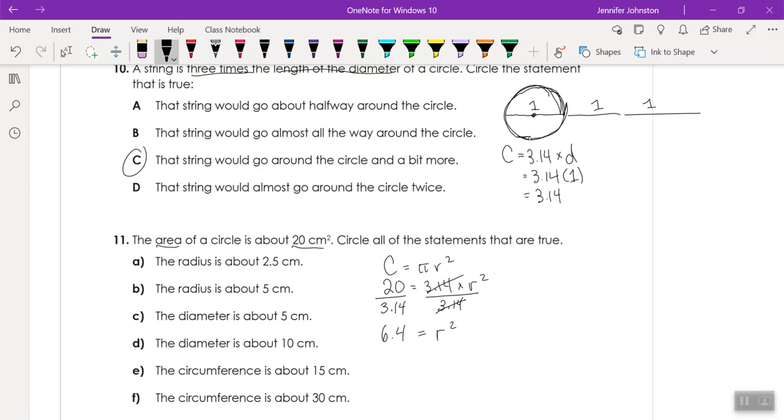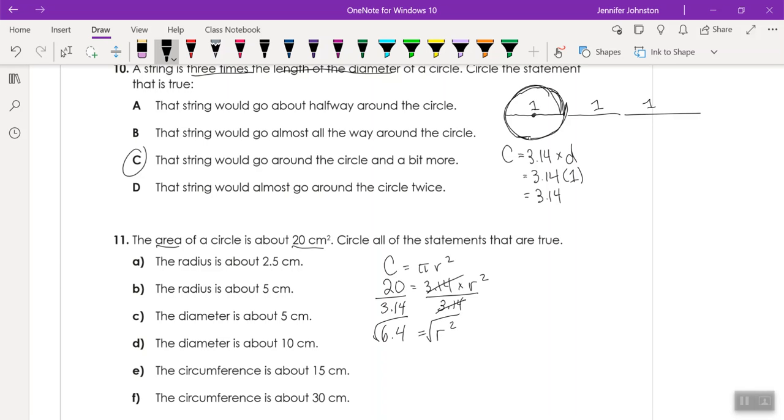And maybe you remember this from last year, but here we just don't have r, we have r squared. And kind of like doing opposites again, squares go with square roots. In order to get rid of something squared, we have to take the square root of it.